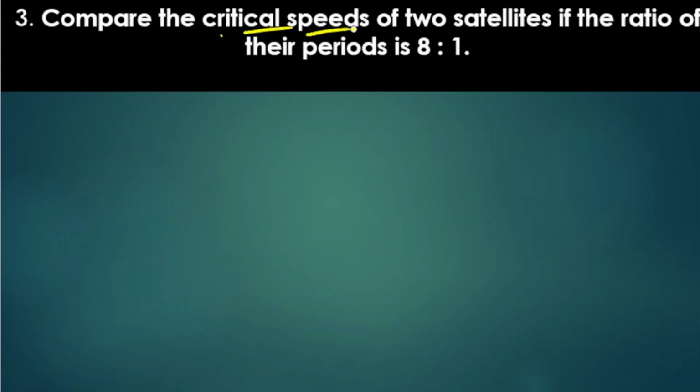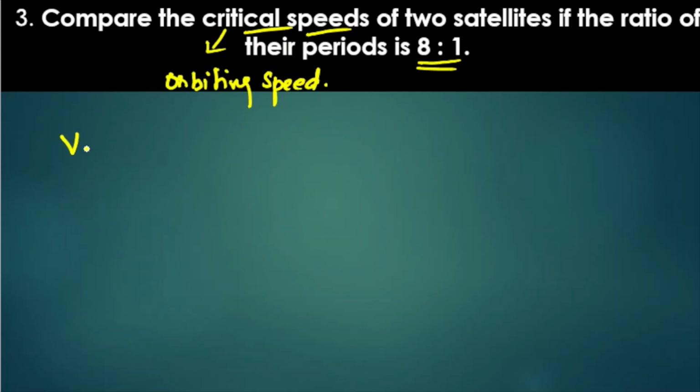Okay. Now the third question we are going to see is on critical speeds. You have to compare the critical speeds of two satellites if the ratio of their periods is 8:1. So critical speed is also orbiting speed, right? So you are going to use the formula of orbiting speed that we already learned.